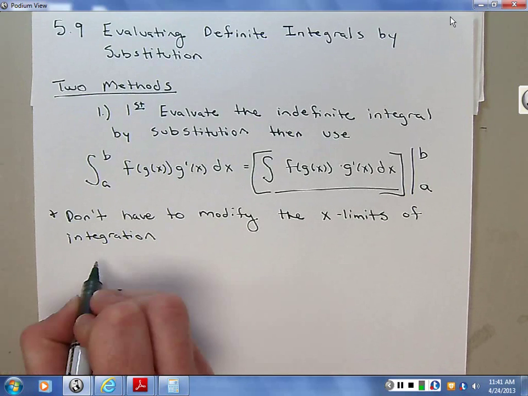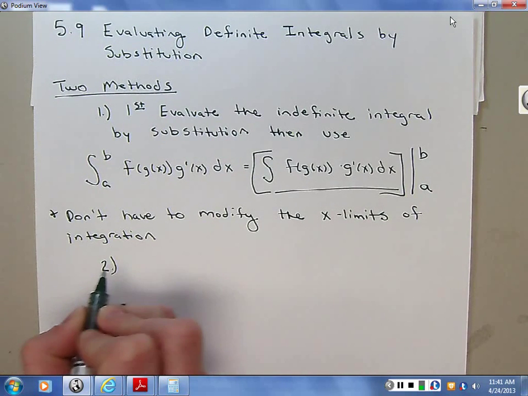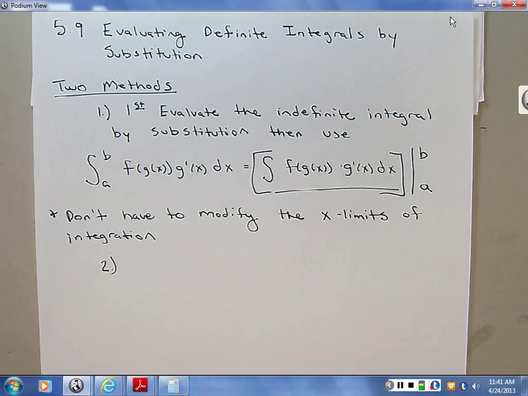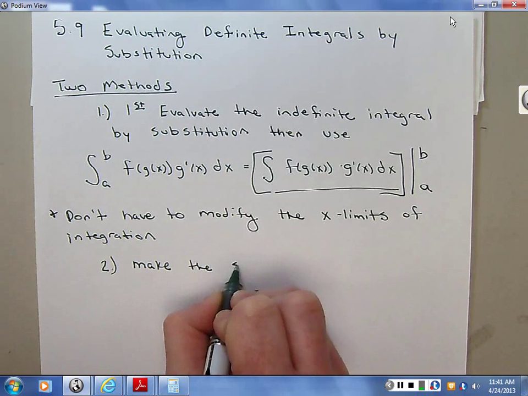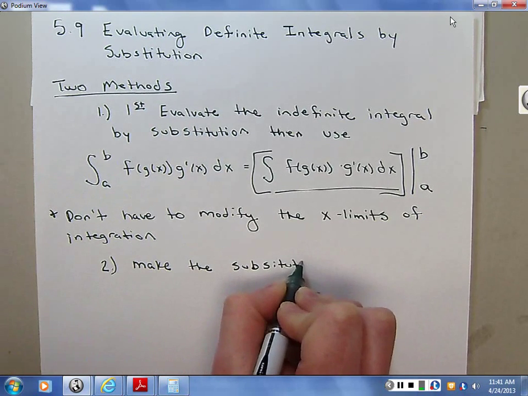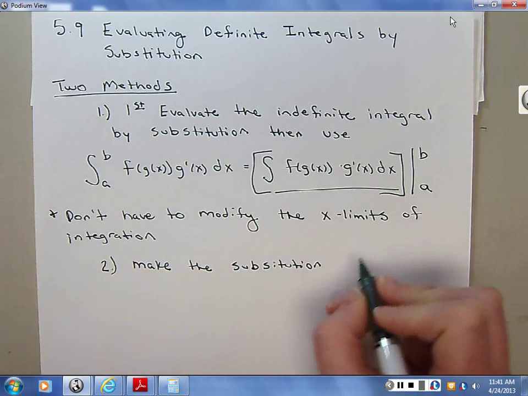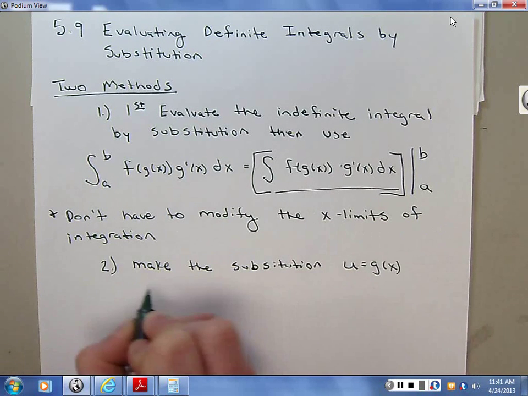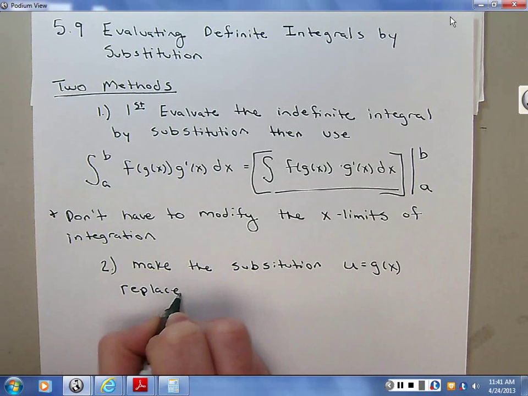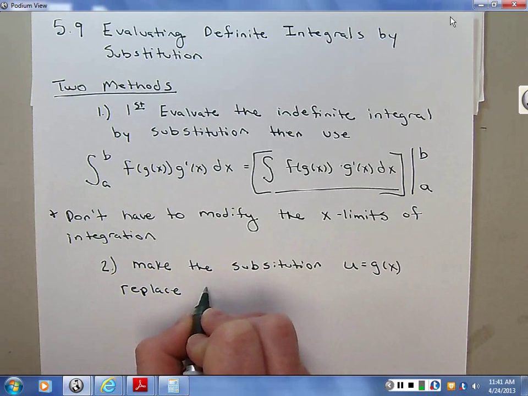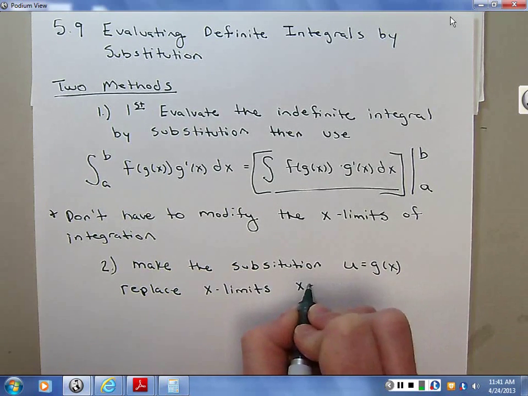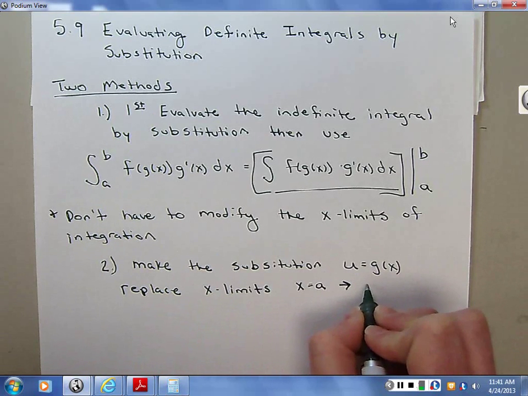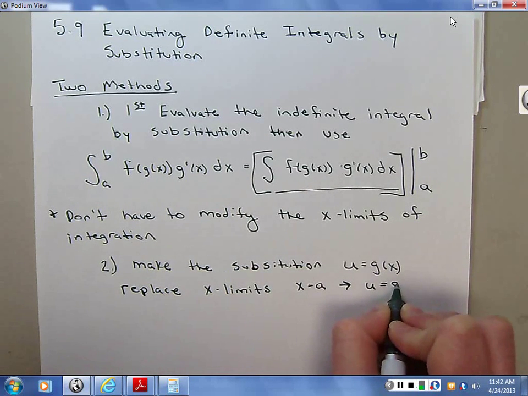Method 2, the key is actually changing the limits of integration and dealing with it in terms of u. So you're going to make the substitution: u equals g of x, and then you're going to replace the x limits. So x equals a, you're going to change that to u equals g of a.